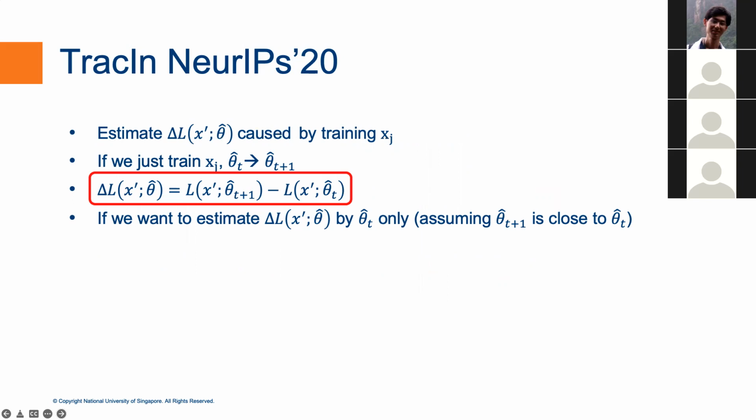So this is our goal. If we just train on xj and observe the parameter update from theta t to theta t plus 1, then we can directly get this change in testing loss. Now we want to estimate the change by theta t only, without looking at theta t plus 1. And we also assume that theta t plus 1 is close to theta t.